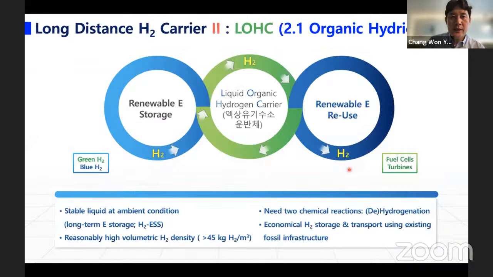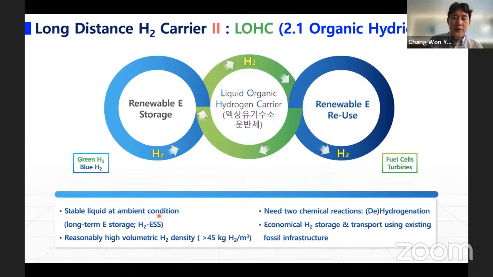And the second candidate for long distance hydrogen carrier is LOHC. LOHC stands for liquid organic hydrogen carrier. So, organic hydrogen. And why do we want to use LOHC? Because LOHC is a stable liquid at ambient conditions.